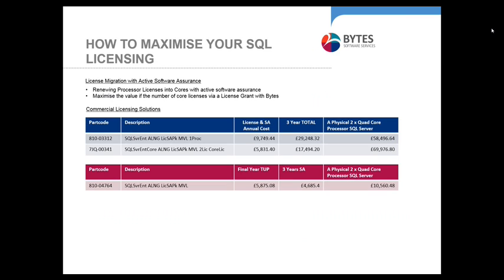When looking at the commercial licensing solutions, I just want to draw your attention to the blue box, and the blue table on this slide shows the old processor unit licensing costs annually over a 3-year period. And for a physical 2-processor server with quad-core, the licensing cost, and this is based on a corporate entry-level Level A enterprise agreement, is £58,000.